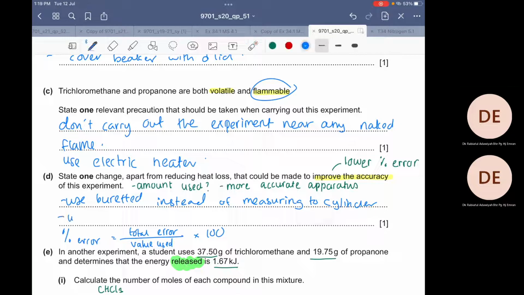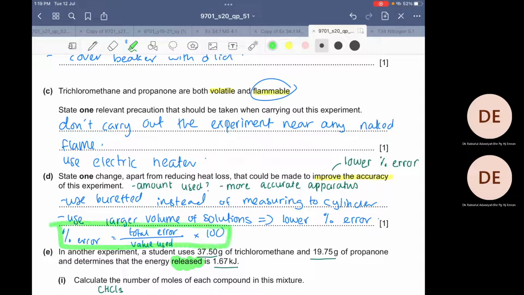So use a larger volume of solutions so that you get lower percentage error. This formula is useful, and they always ask you to work out the percentage error for a particular experiment, and it's associated with the apparatus.